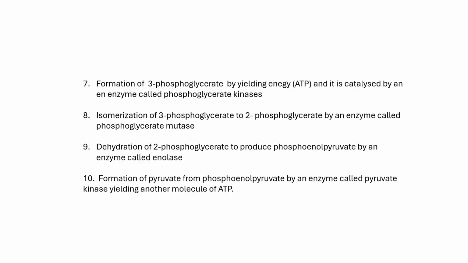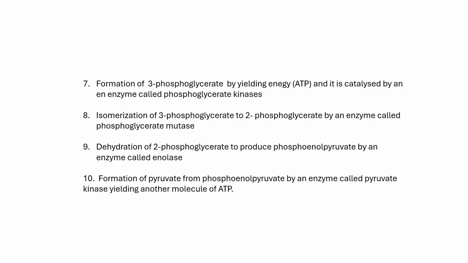So now the 1,3-bisphosphoglycerate that is formed from step 6 will be converted to 3-phosphoglycerate. This process is what we call substrate level phosphorylation. We produce ATP from the substrate that we have.